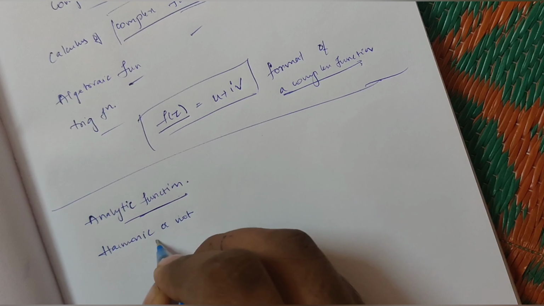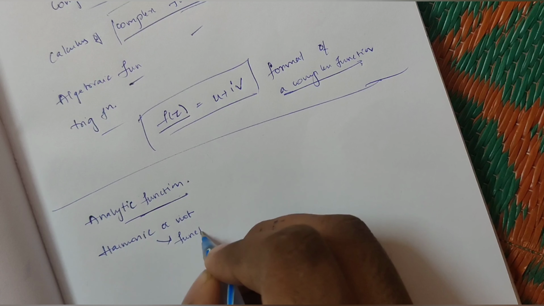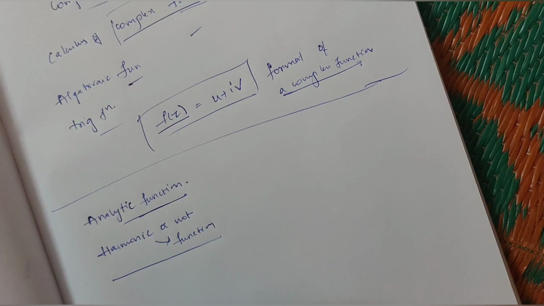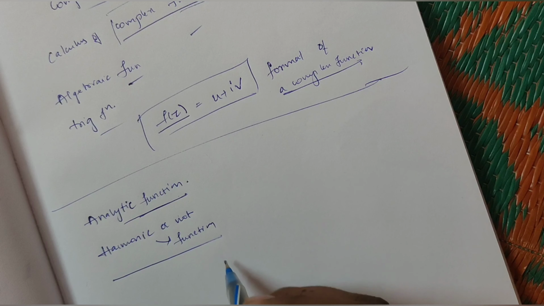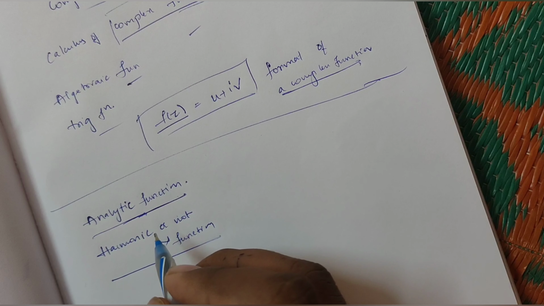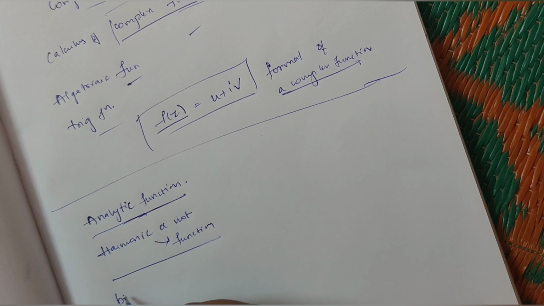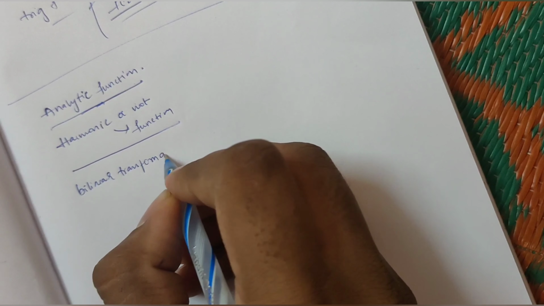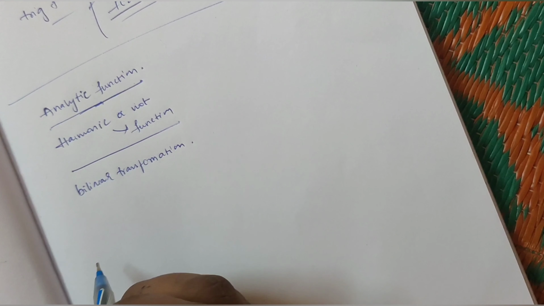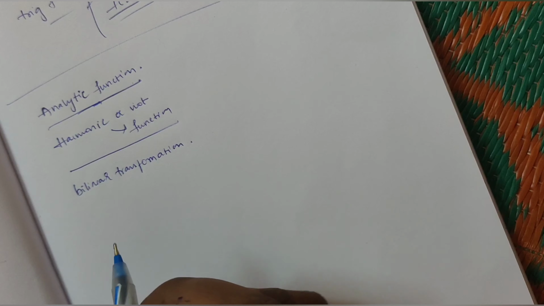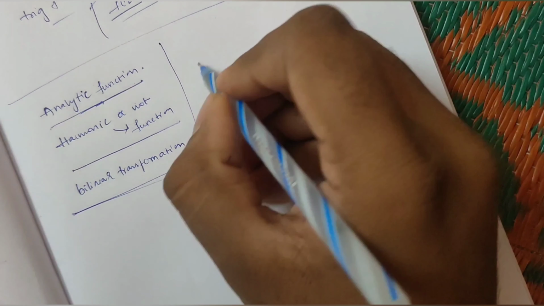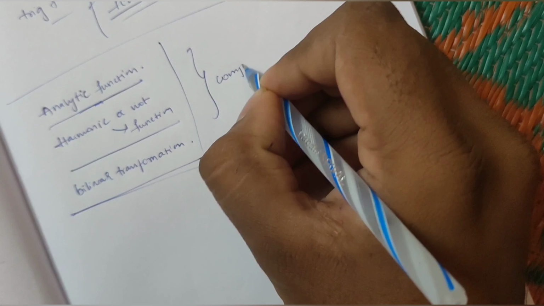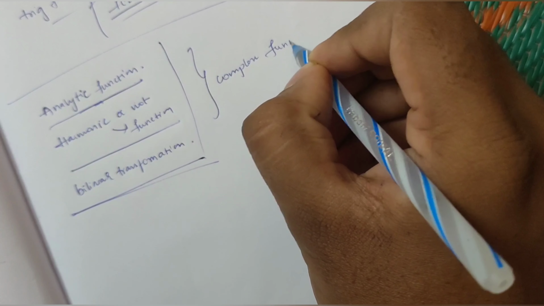Okay, so we can say it is a harmonic function. The next thing is transformation. In transformation we have so many, but the important thing is bilinear transformation. And now the main part, this is all about the complex functions. These are the main important topics of complex functions.